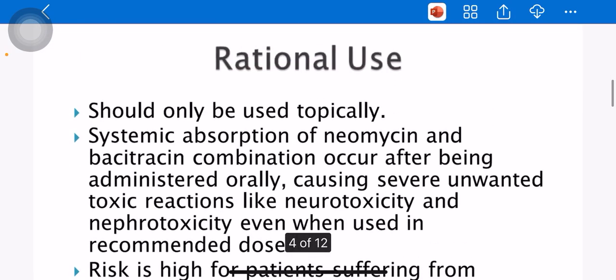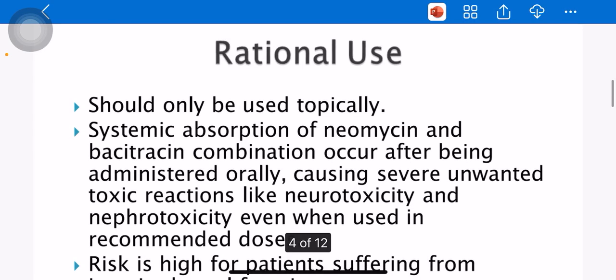Now we are moving to the rational use. First of all, it should only be used topically, because systemic absorption of the neomycin and bacitracin combination occurs after administration through the oral route.